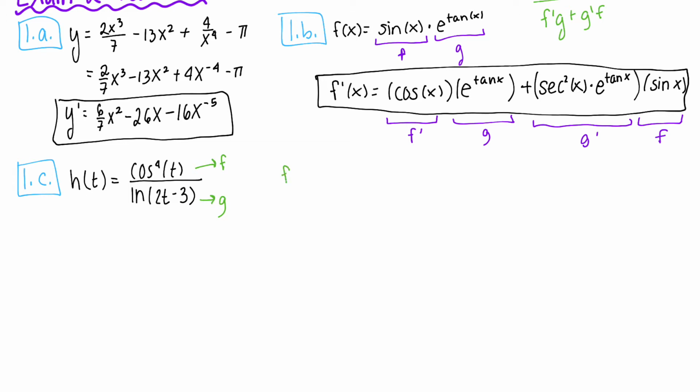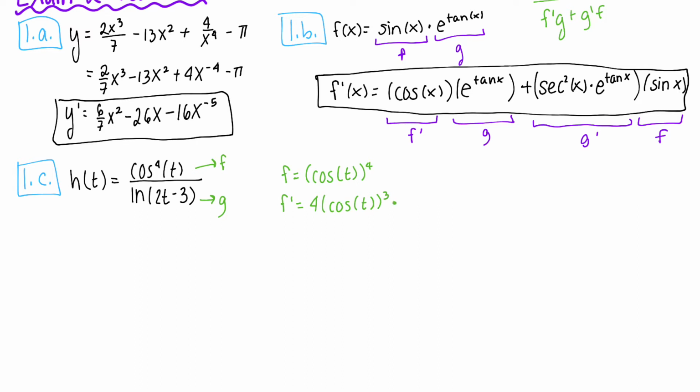I'm going to go ahead and write out the full quotient rule stuff here because we have a quotient. So the top, I'm going to rewrite that as cosine of t raised to the 4th power. And I'm doing that so that I can really see where that chain rule comes in. So I'm going to take the 4 down, and then it's cosine t raised to the 3rd. So I'm using power rule there.